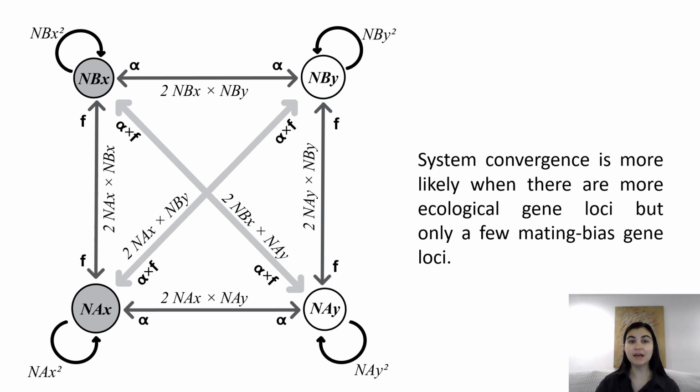Now, if beak size is also used by these birds as a mating signal, then the ecological and sexual traits are coupled together, as the disruptive sexual and ecological selections are linked. This is referred to as the magic trait scenario and can result in system convergence, where, for example, niche AX and niche BY continue to grow larger to a fixed point, making pre-mating reproductive isolation easier.